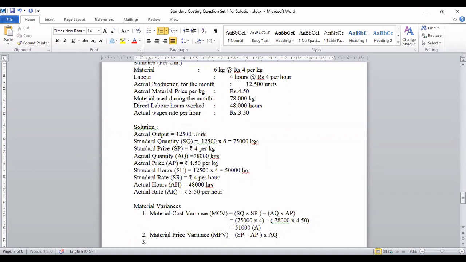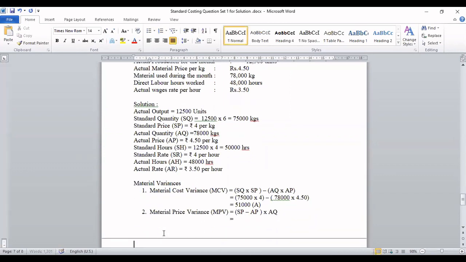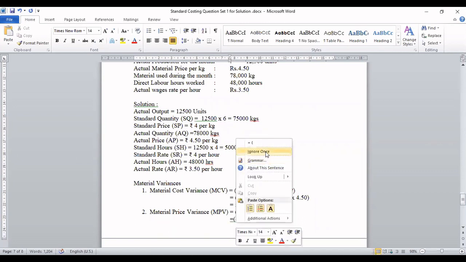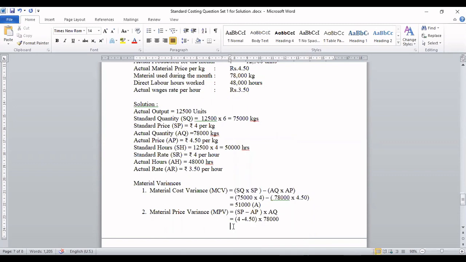Now replace the values: standard price 4 minus actual price 4.50, into 78,000. The final answer is 39,000 adverse. Is this clear, everyone?